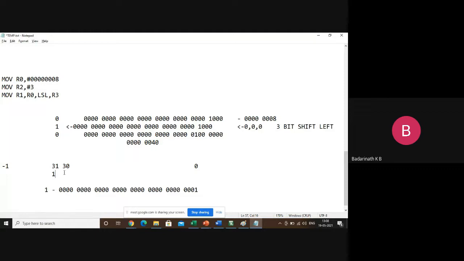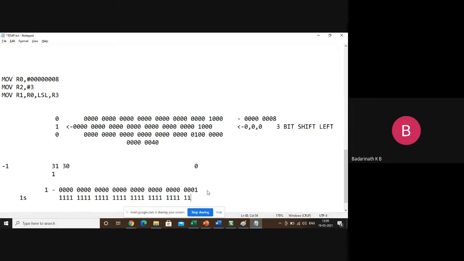Now what to place from bit 30 to 0, that is the magnitude, I'm calculating. I've just taken 1 from the number and split it in binary. Now I'll take the 1's complement of this, which means inverting all the bits I have here: 1, 1, 1, 1, 1, 1, 1, 1, 1, 1, 1, 1, 1, 1.